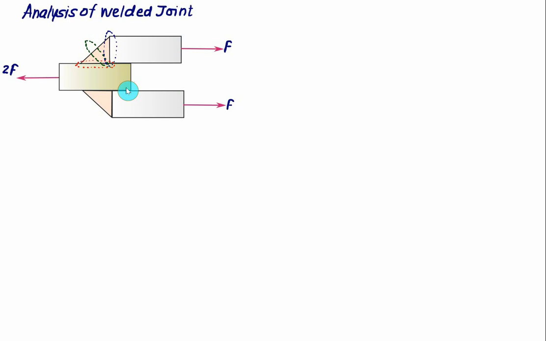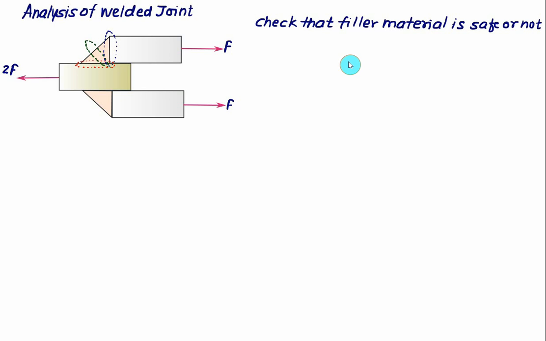For this, we will check that the filler material is sufficient to hold the welded joint. So in the analysis of the welded joint, we want to check whether the filler material is safe or not. So we'll select the filler material whose shear stress value is higher as compared to the tau max which we have developed.